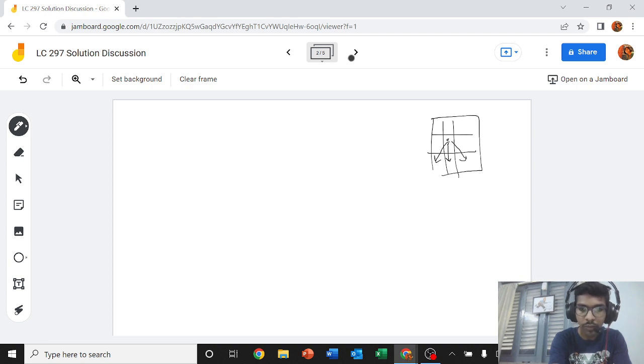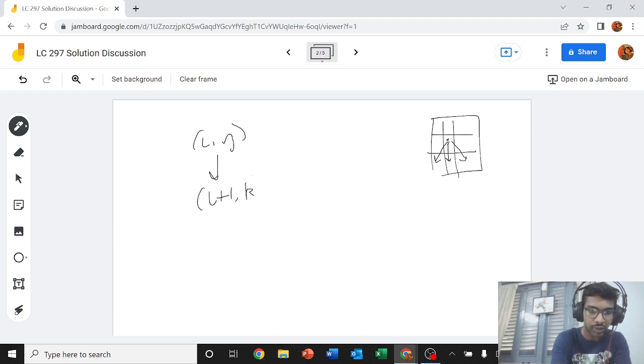So we can move to any column of our choice, but every move has a cost associated with it. If we are at i comma j and we are moving to the next row, that is i plus 1, to any column, say the kth column.